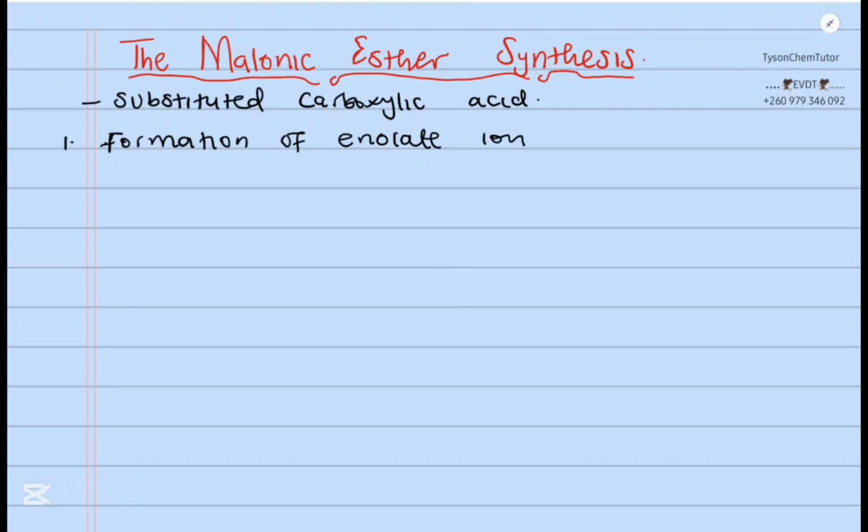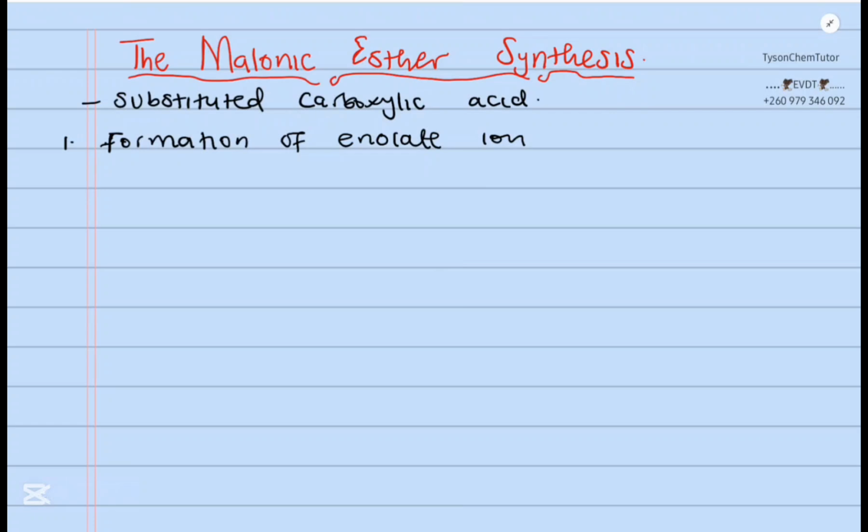Here we are using a strong base. A strong base is used to form an enolate ion. The starting material is dimethyl malonate. We are going to discuss it at a later stage.